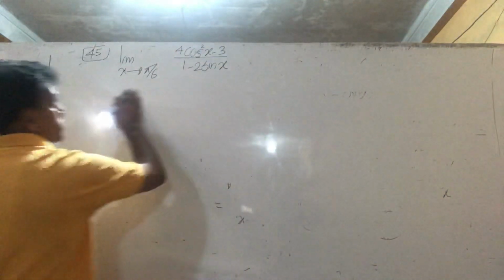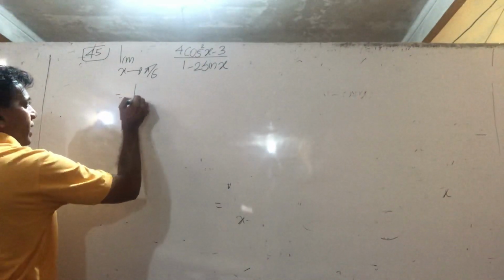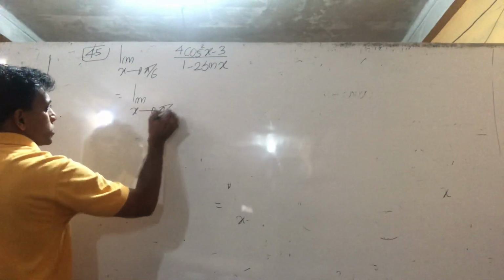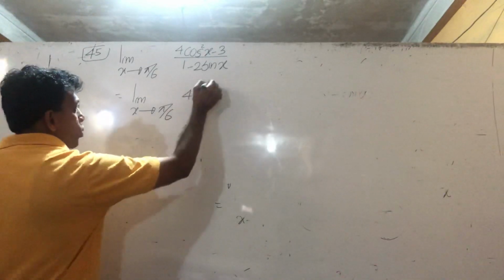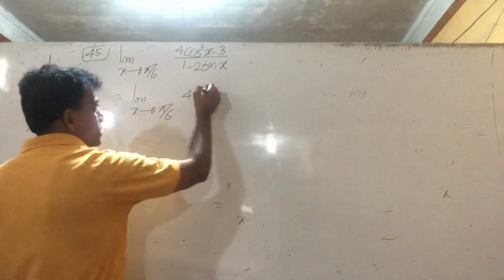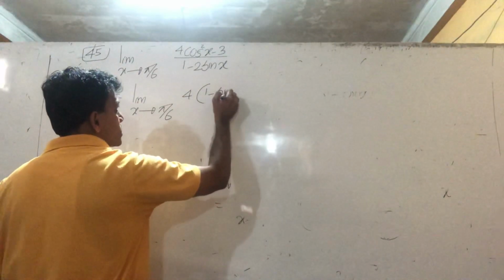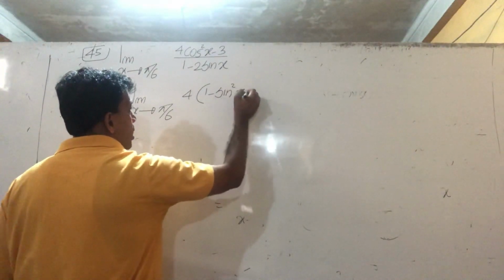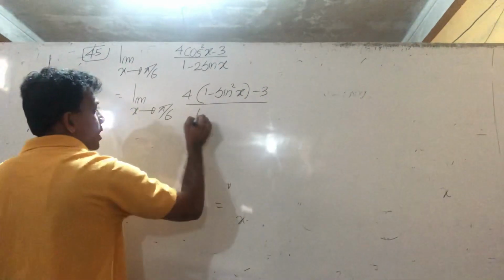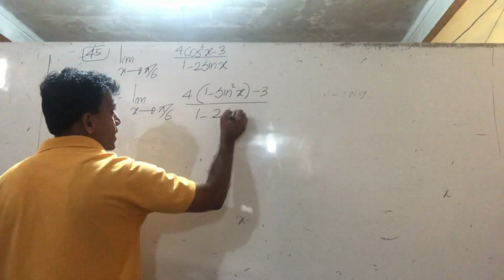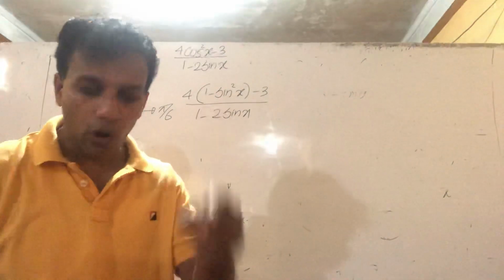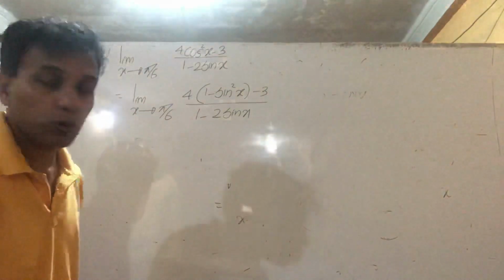So here, limit as x tends to pi by 6, cos square x is 1 minus sine square x, and outside 3 over 1 minus 2 sine x. So stop the video, complete it, pause the video, try your own and later check with my solution.